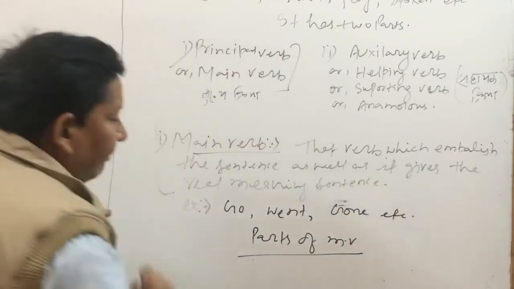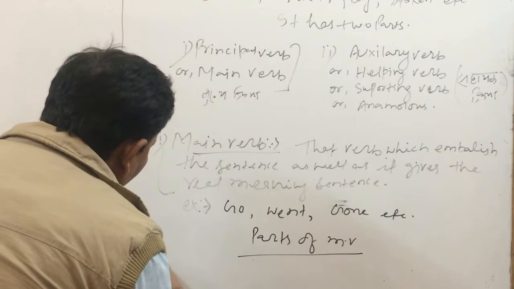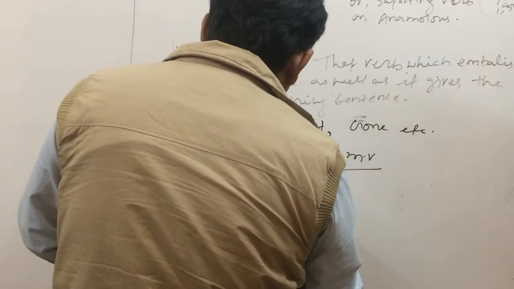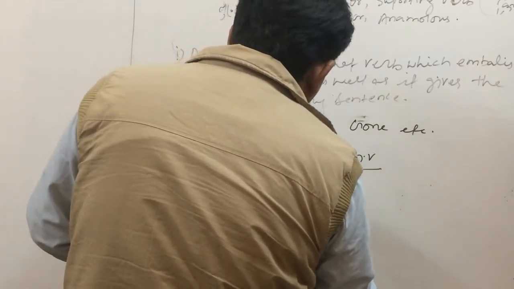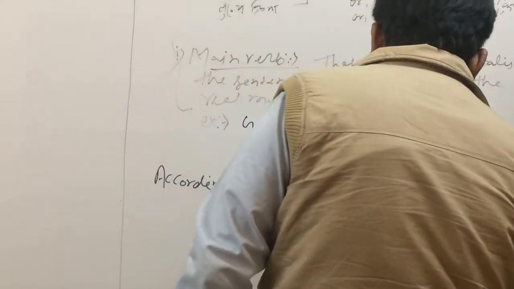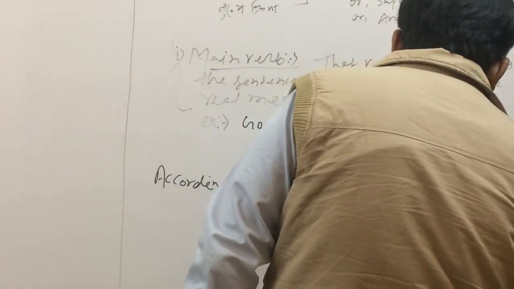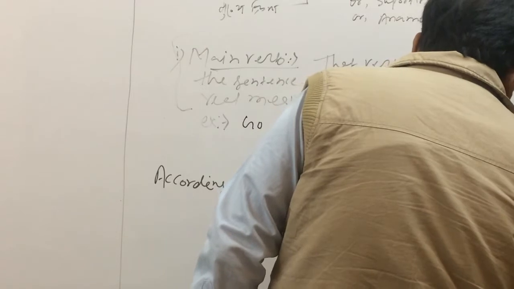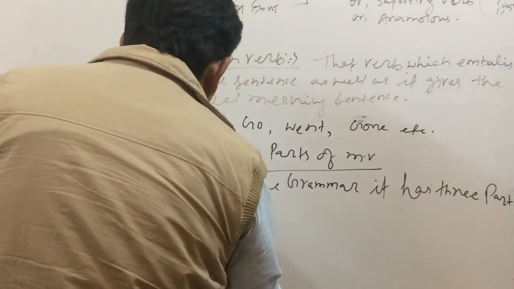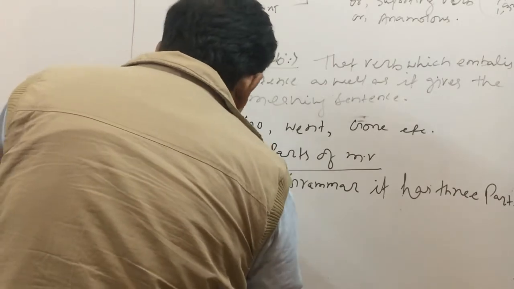Now the parts of main verb. How many parts of main verb? According to the grammar, it has three parts. See, number one, present.